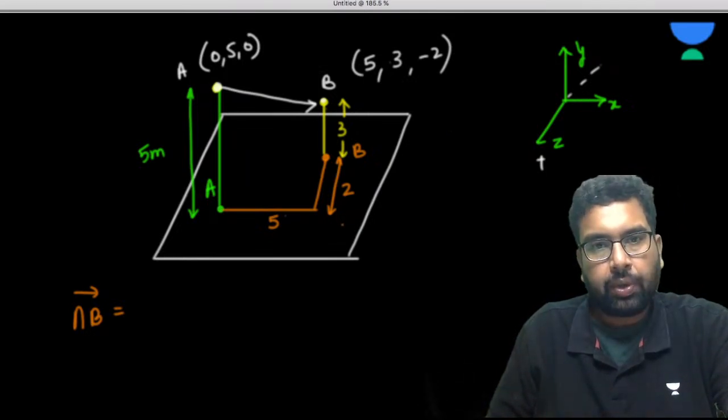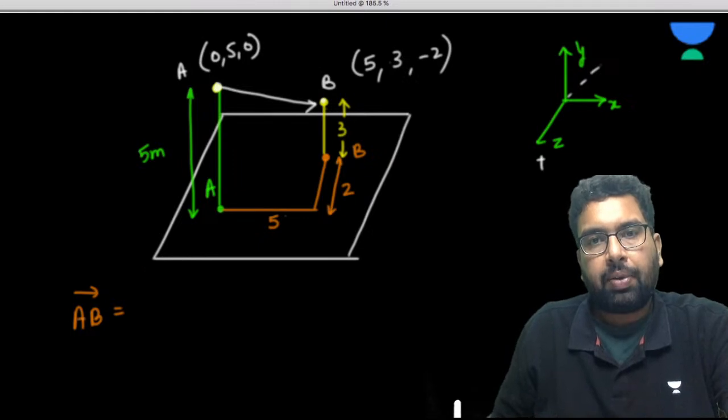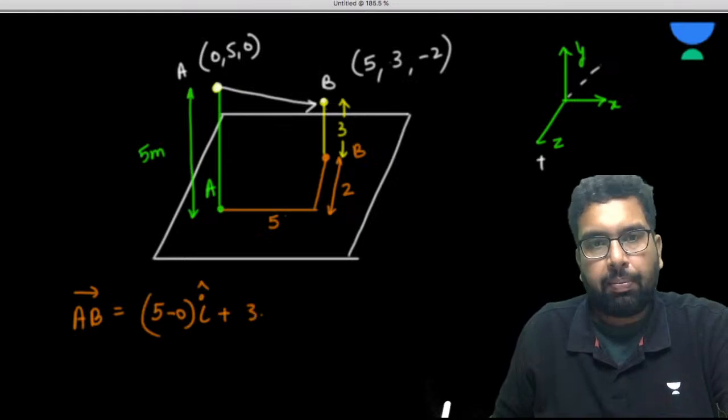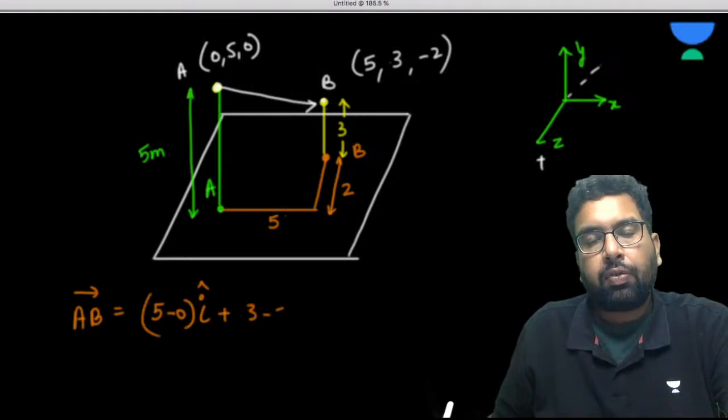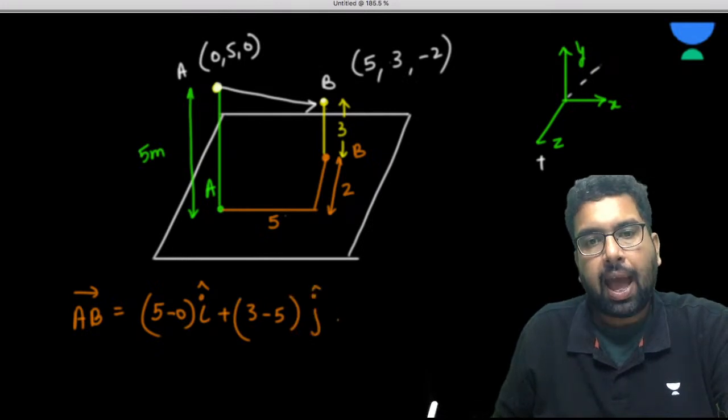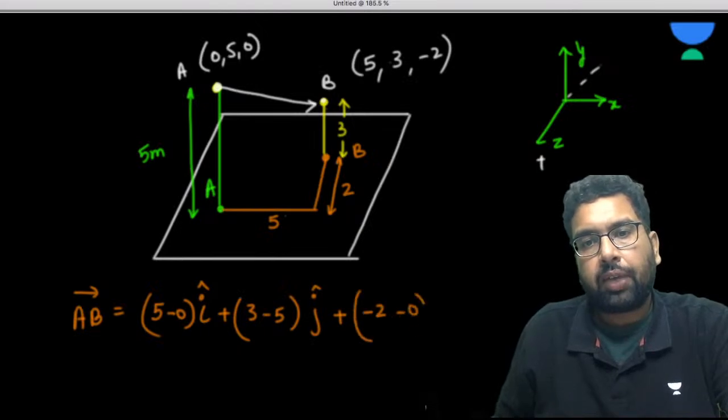So the AB vector is the x coordinate of B minus x coordinate of A, i cap, plus y coordinate of B minus y coordinate of A, j cap, plus z coordinate of B minus z coordinate of A, k cap.